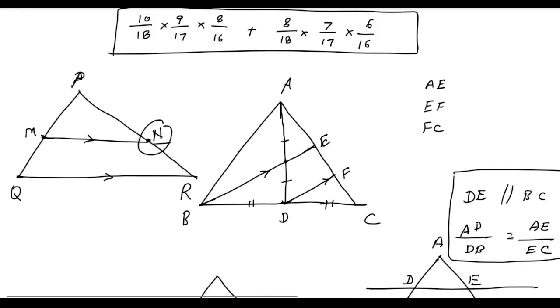Now this question, if I consider triangle BEC here, as D is the midpoint of BC, and from here I am drawing a line parallel to BE, then F is going to be the midpoint of EC.